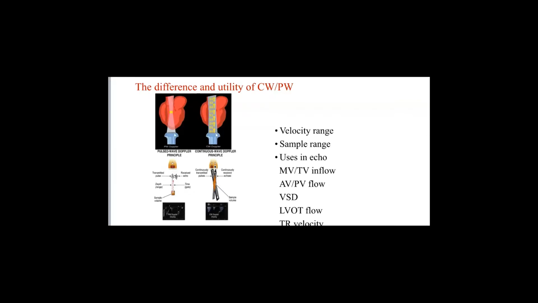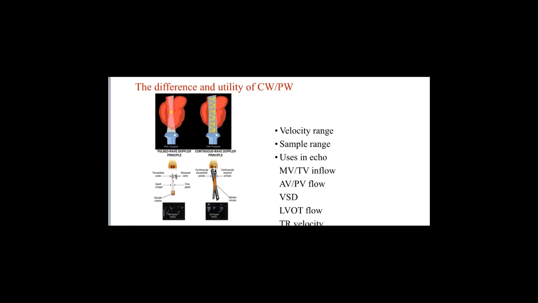CW misses the location, but it captures high velocities. Now PW is one crystal that sends, then waits, then listens. So it's not fast, so it can miss high velocities, but because it waits and listens, it precisely locates from where the velocity comes. So the PW misses high velocities, but precisely locates the origin of the velocity.